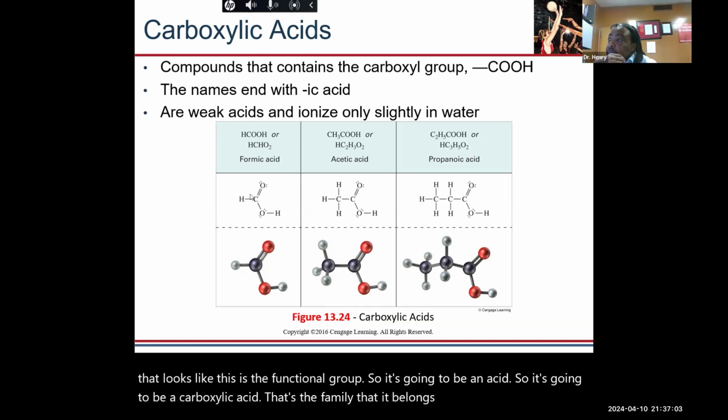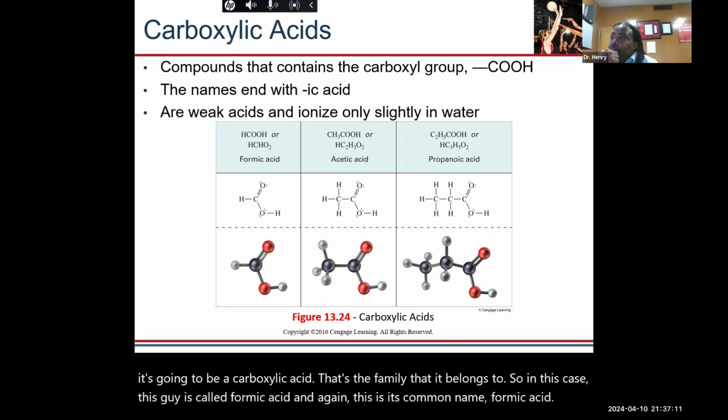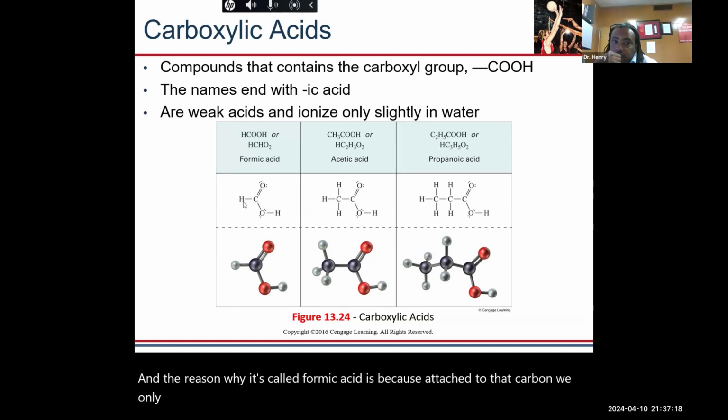In this case, this one is called formic acid, and again, this is its common name. The reason it's called formic acid is because attached to that carbon we only have the hydrogen.